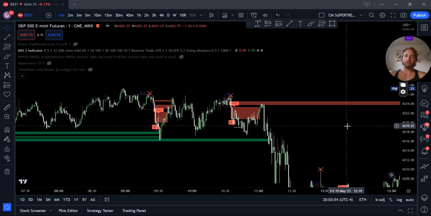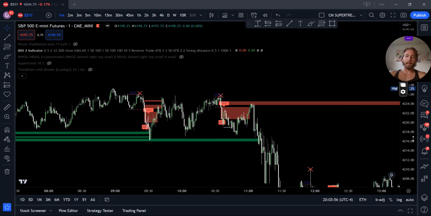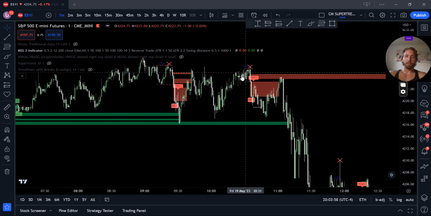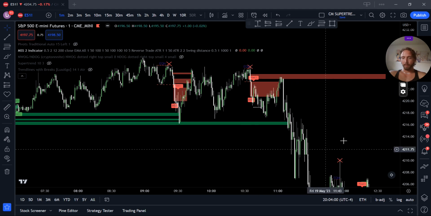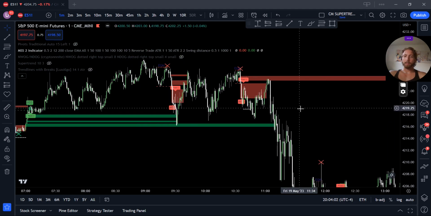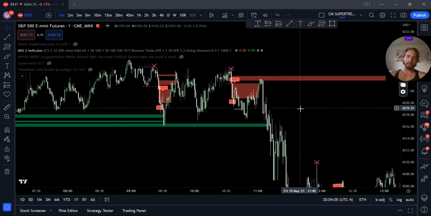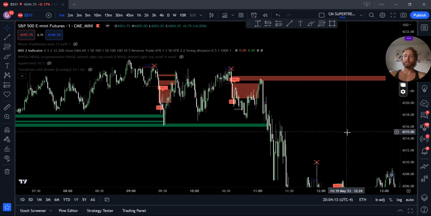That's a pretty cool way to use it. But you can see here that you've got this move, which obviously came down and it was a good trade. Any indicator is going to have a hard time in a choppy market, so you can't really give it a hard time for not giving perfect trades.